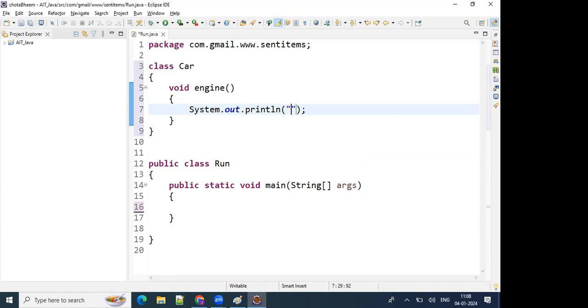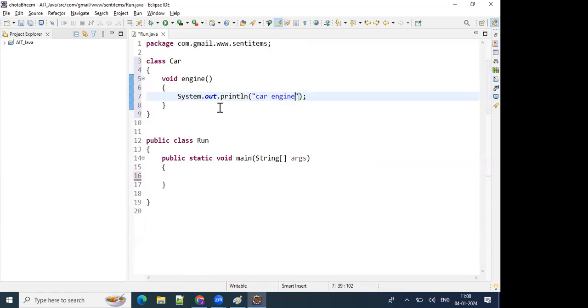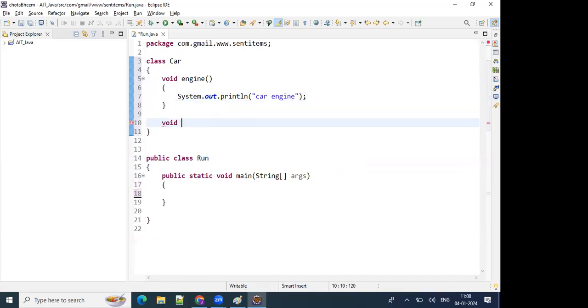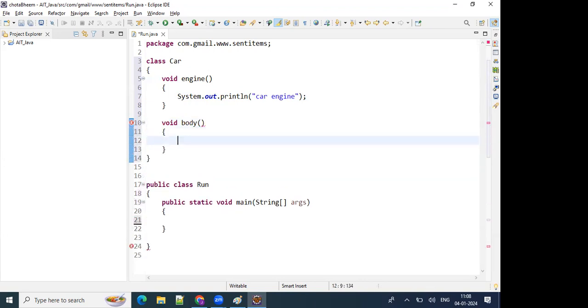One more, tell only two methods, enough. Void body: car body. I wrote simply two methods.